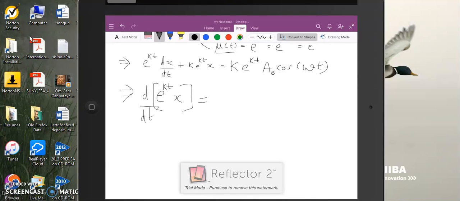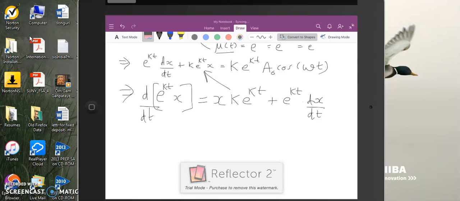Applying the product rule over here, we have x times k e to the kt plus e to the kt times dx over dt, which is what we have over here. So that's good.